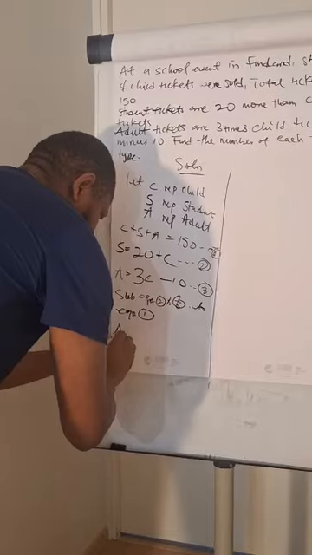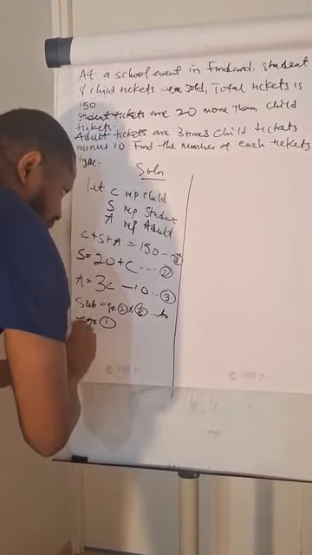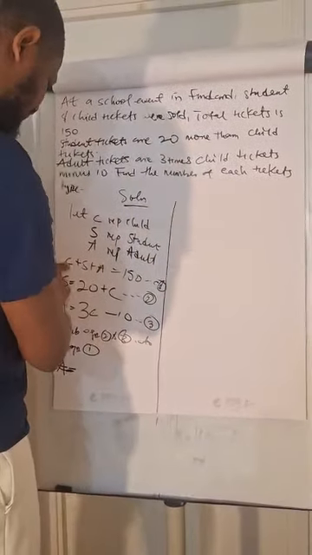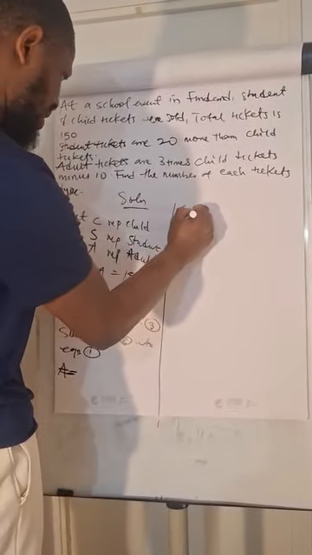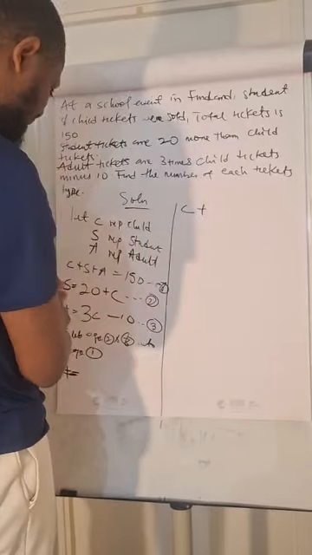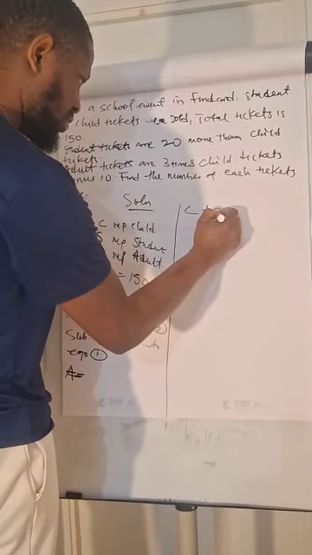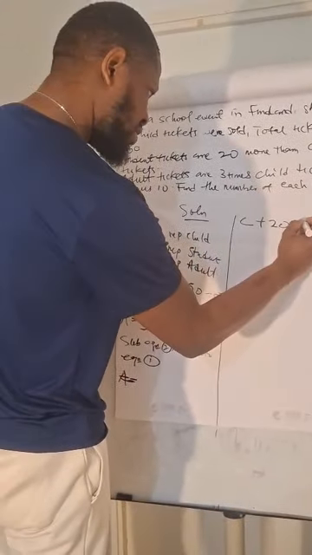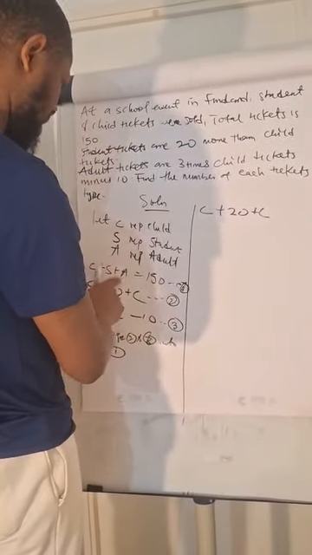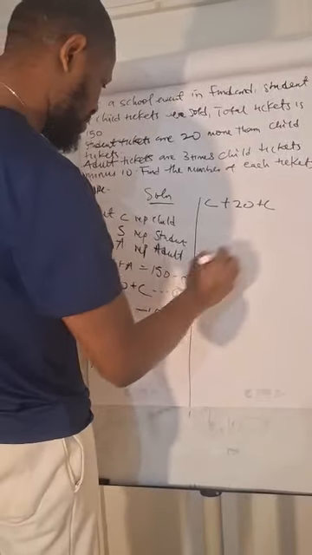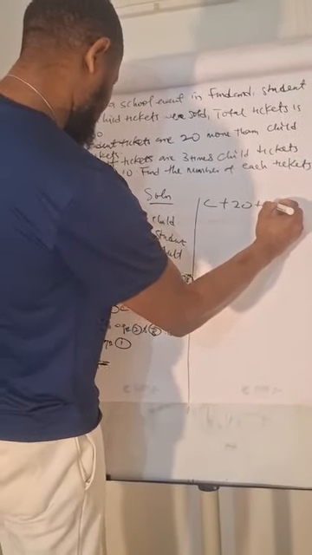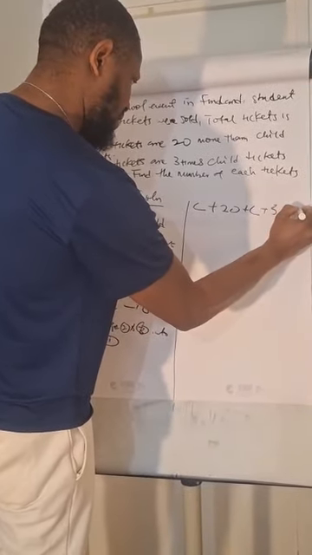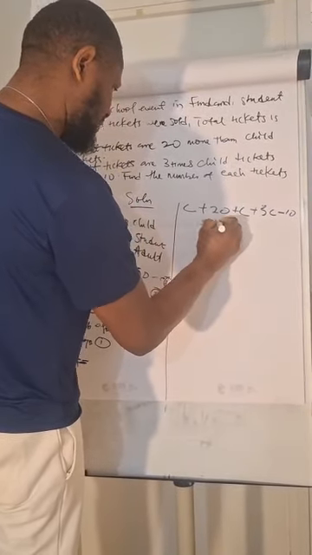Then you have C plus, the X is 20 plus C, then A, 3C minus 10, equal to 150.